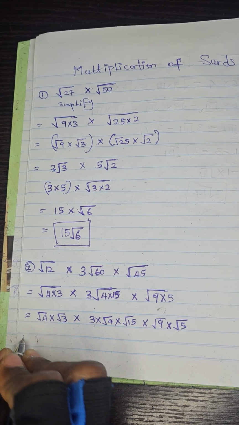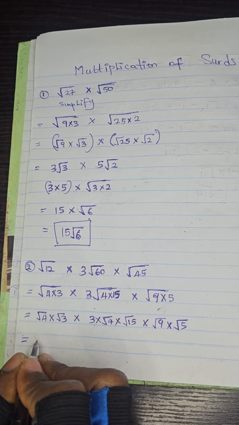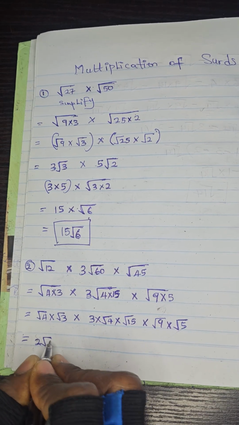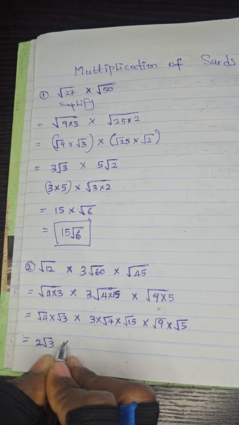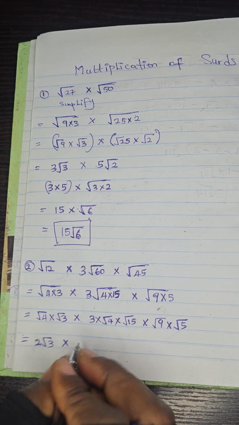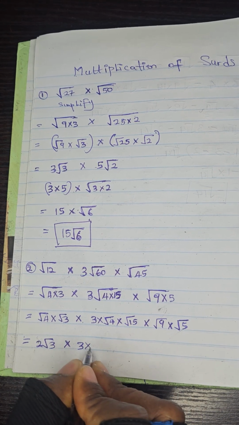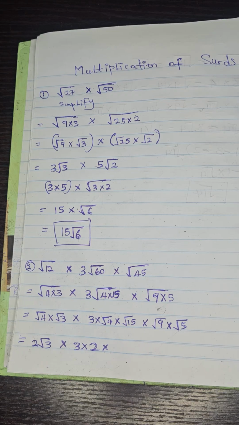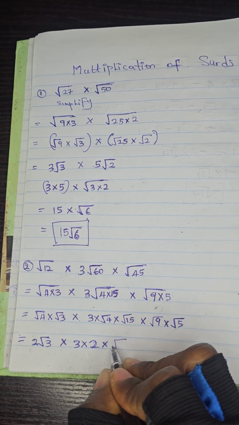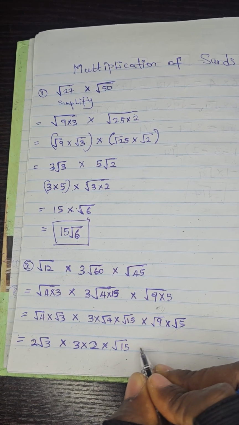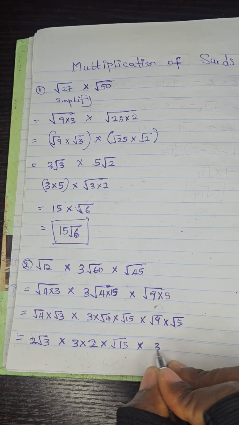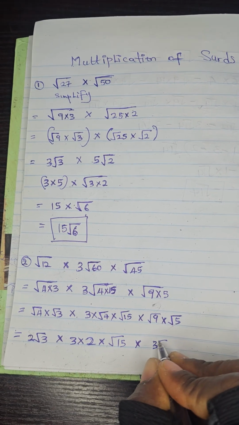So now this is equal to root 4 is what? 2 root 3, times 3, times root 4 is also 2, times root 15, all multiplied by root 9 which is 3. So this is 3 root 5.